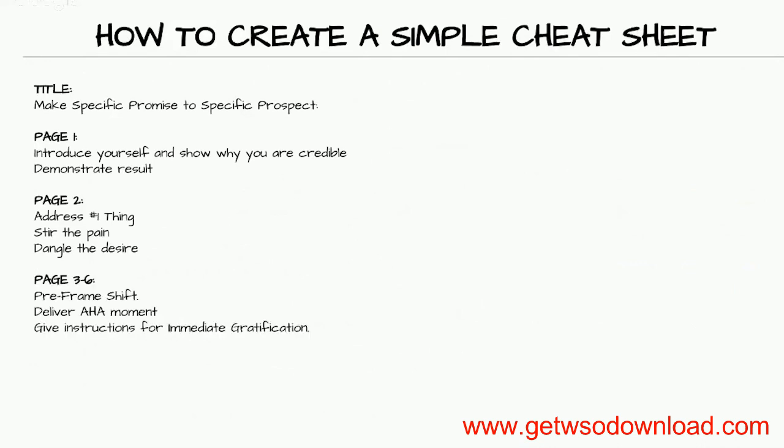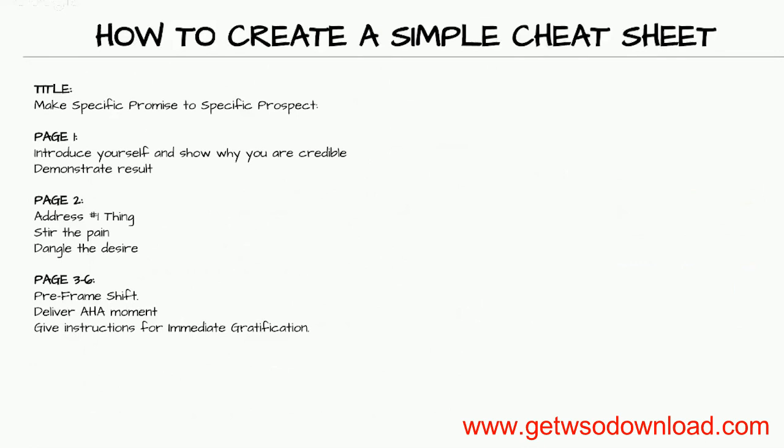Page 3 through 6. These are arbitrary numbers, guys. I'm just saying page 3 through 6 randomly because that's usually how long it takes me. Pre-frame shift. This is where you deliver the content, the meat of your cheat sheet, the actual cheat sheet itself. And this is where you want to do that pre-frame shift. You've already pre-framed them a little bit on page 1.